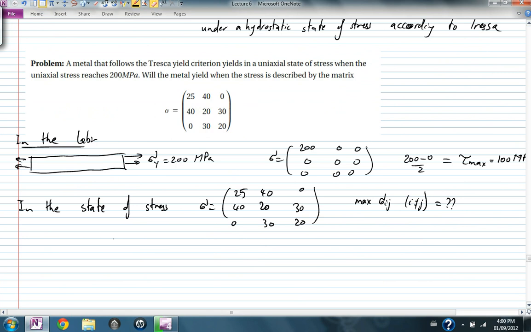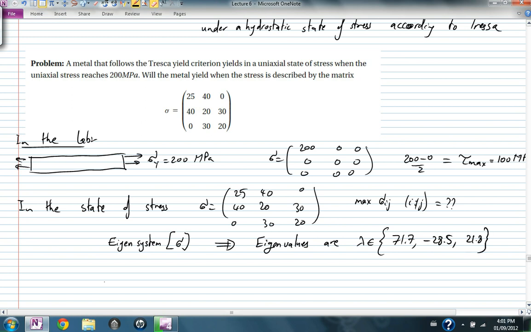Find the eigenvalues, the eigensystem of sigma. The eigenvalues are 71.7, negative 28.5, and 21.8, and the maximum shear stress will be equal to the maximum difference.